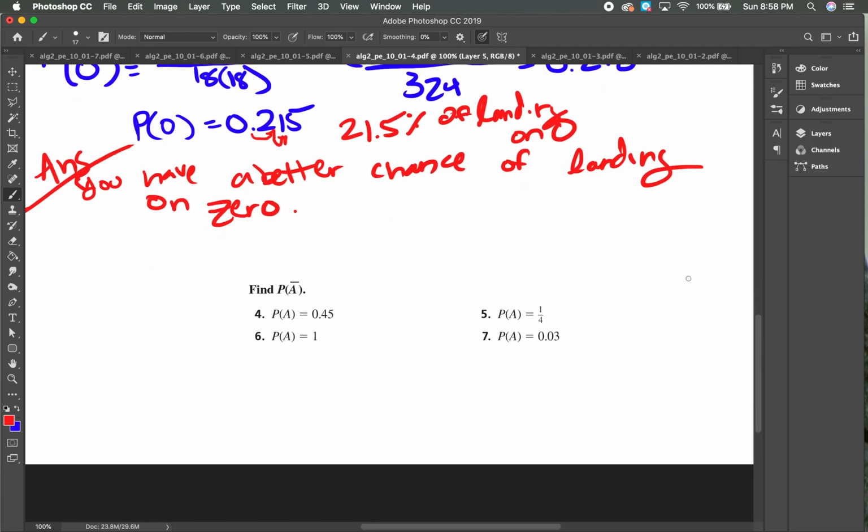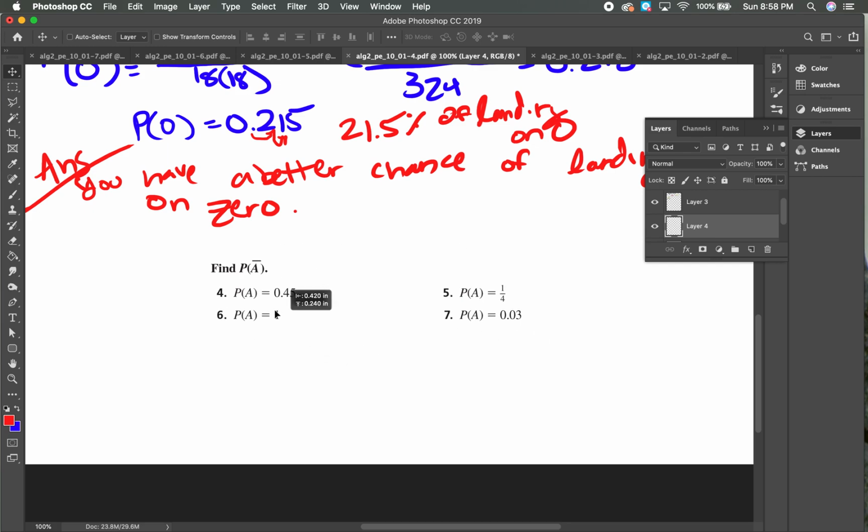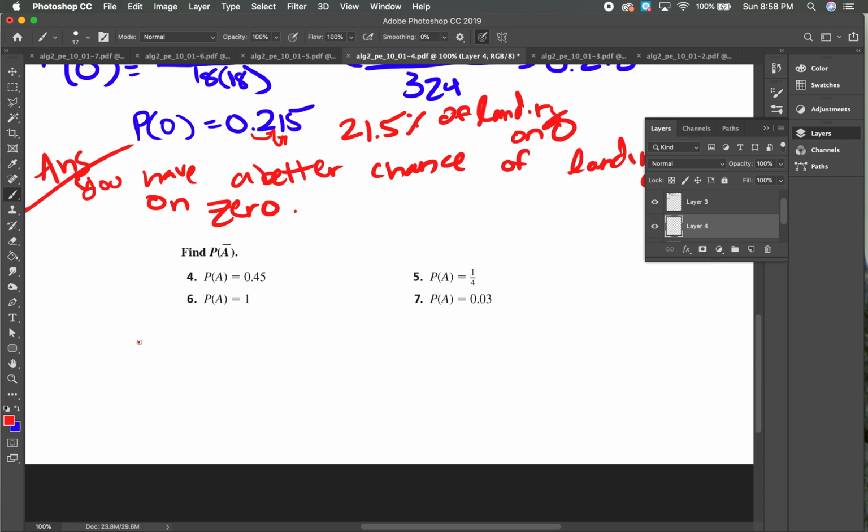Now, real quick, I wanted to talk about some of these other types of problems that I saw, and I know you probably already did a few of them for your homework. They're just setting up the equation for P of the complement of A. Remember, this just means complement.